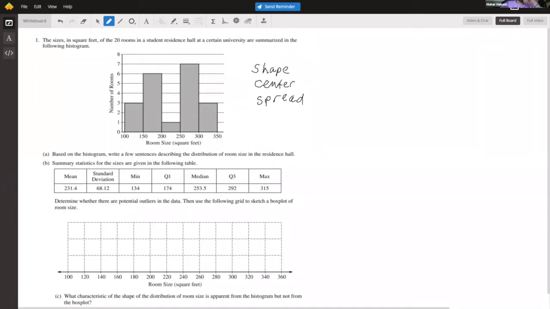Okay. What can you guys tell me about the shape? I would say it's bimodal. Bimodal, definitely. What else can you say about it? It's somewhat symmetric. Perfect.